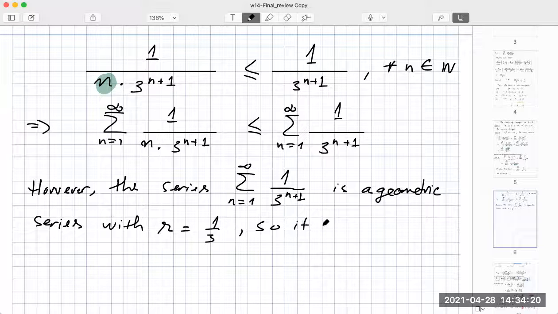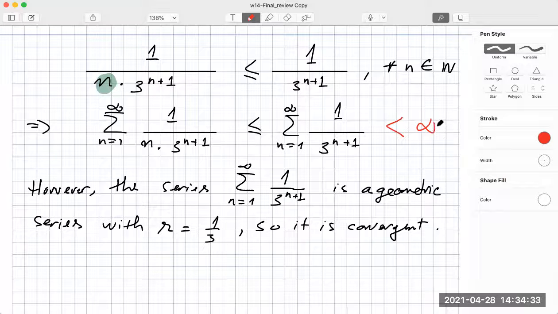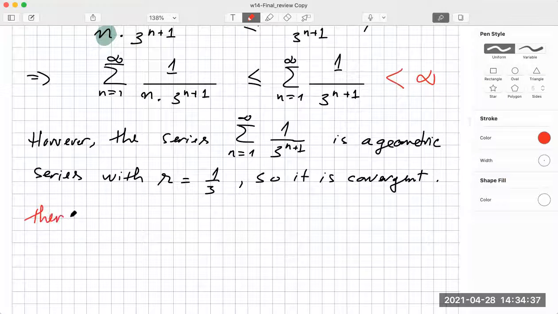So it is convergent. The bigger series is convergent. It converges to a number, right, which is smaller than infinity. Therefore, the smaller series is also convergent.